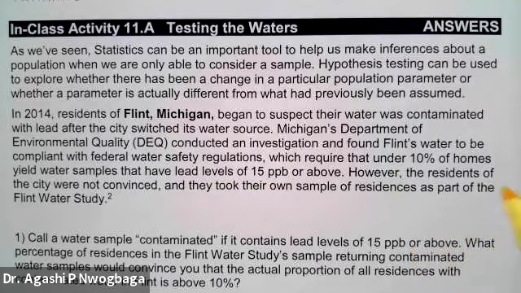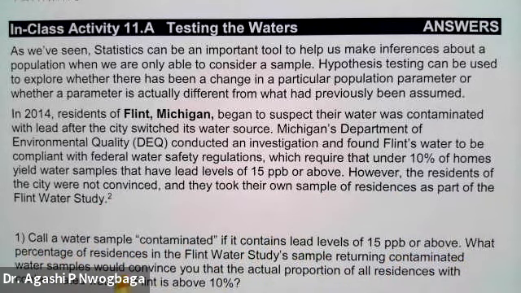However, the residents of the city were not convinced, and they took their own sample of residences as part of the Flint water study. 1, call a water sample contaminated if it contains lead levels of 15 ppb or above.